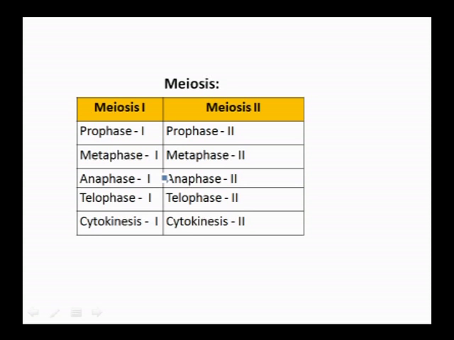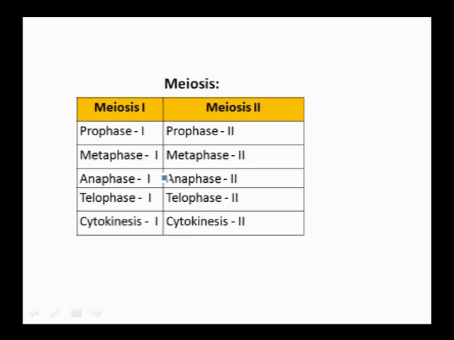So meiosis has the stages meiosis 1 and meiosis 2. Meiosis 1 is subdivided into prophase 1, metaphase 1, anaphase 1, telophase 1 and cytokinesis 1. Do remember, out of all the stages of meiosis, prophase 1 is the longest phase. It takes a very long time, having sub-stages, and cytokinesis 1 is not a mandatory stage.